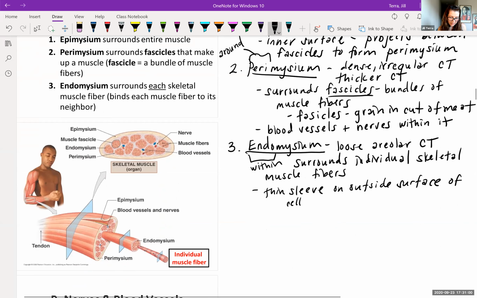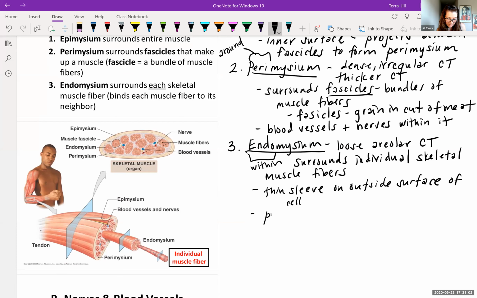And what's cool is that it is really providing this kind of extracellular environment that's needed for the muscle fiber cell and its associated nerve ending. We're going to see that the nerve ending is going to be penetrating through and coming almost in contact with the surface of the muscle fiber cell.